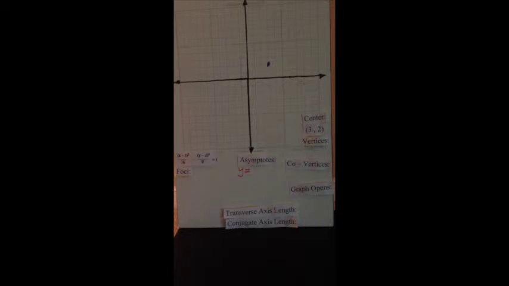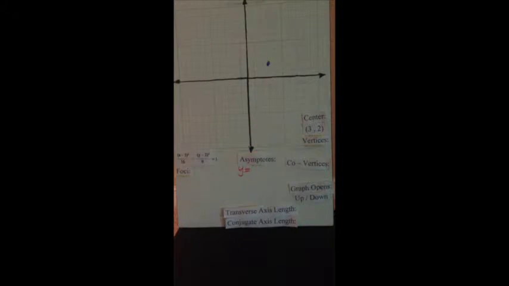If it was the reverse, where it was positive y over something squared minus x over something squared, so if the x was negative and the y term was positive, then it would open left and right. So we know that the graph opens up and down. So we're going to put that right there.